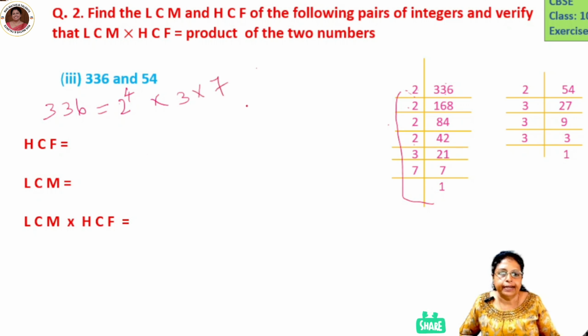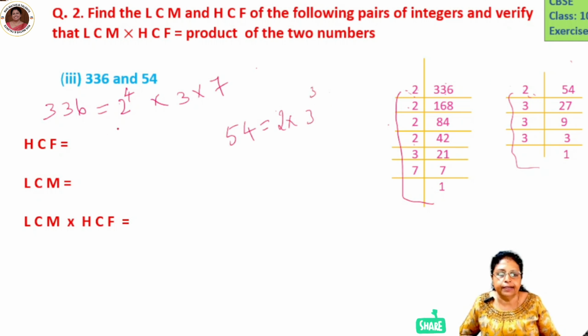Next one is 54. 54 is divided by 2, so it can be written as 2 times 3 cube.